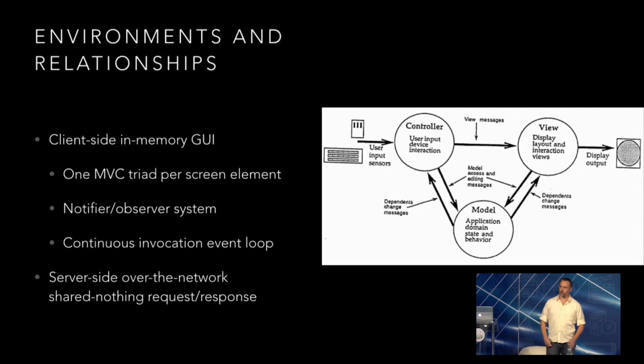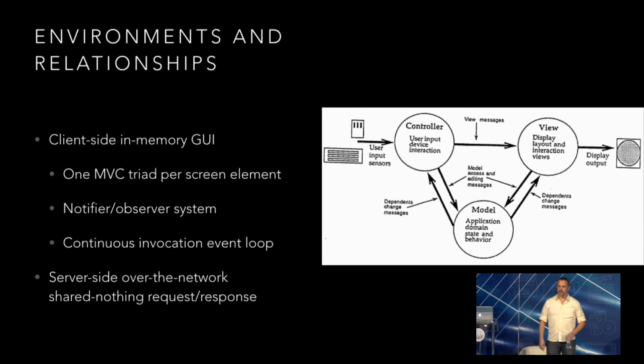So that screen that we saw earlier is not one MVC. It is thousands of little MVC pieces, all connected to each other through a subject observer notifier system, so that anytime any one of them changes, it can notify the rest of the entire system, hey, I have changed, you all should consider changing yourselves too. And so everything is continuously updating itself on the screen through this event loop of invocations. Think about that for a moment.